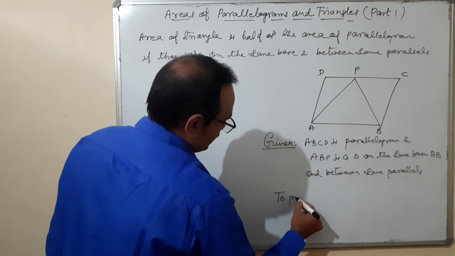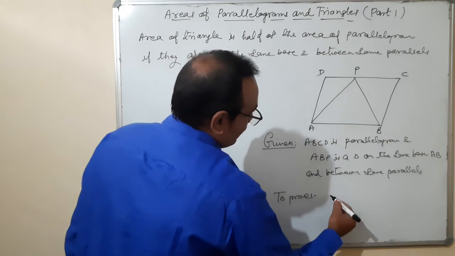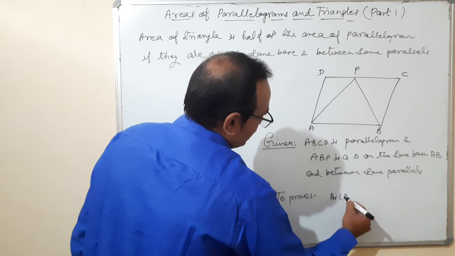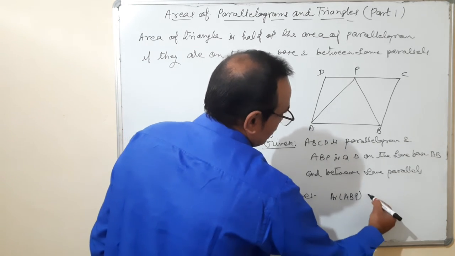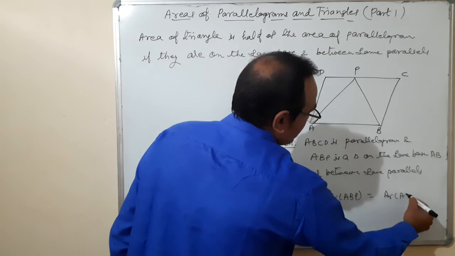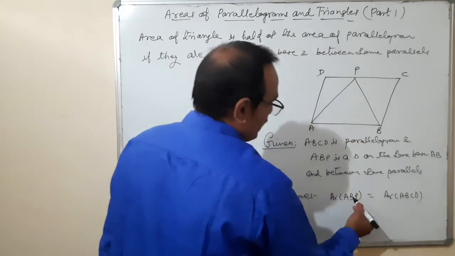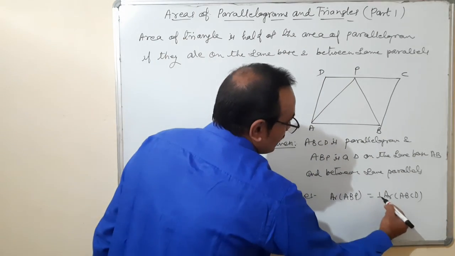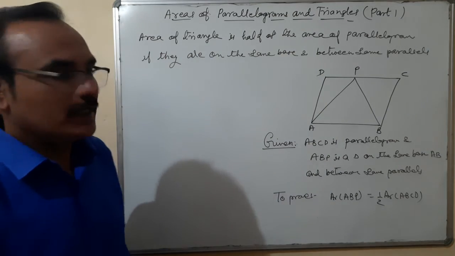What to prove? We are going to prove that area of ABP is equal to half of area of ABCD. Area of triangle is half of the area of parallelogram. This we are going to prove.